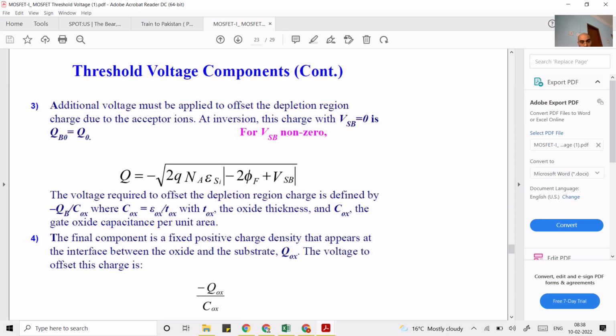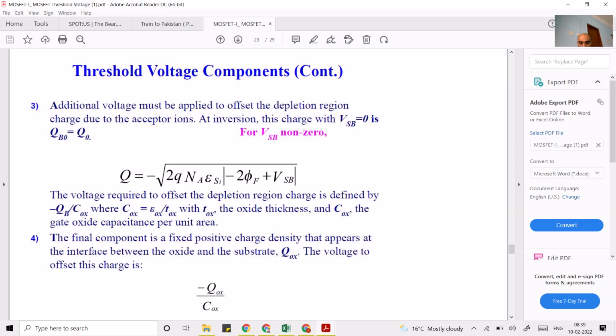Theoretically you may not consider them, but practically, when you actually apply the voltage, if you just consider the above three components, then the voltage you will require at the gate for surface inversion, for conduction, for the formation of the channel, will be quite larger than what you calculated with the other three components.